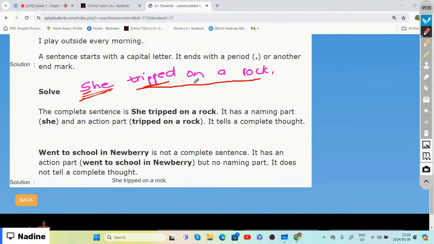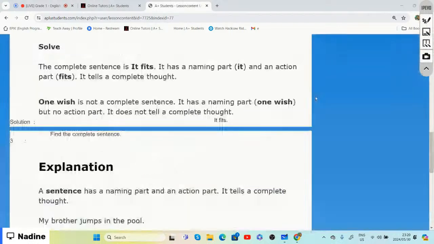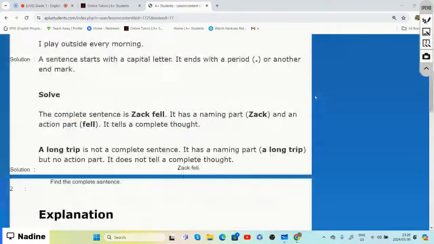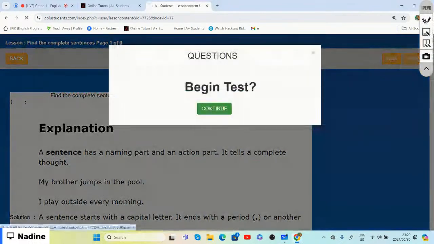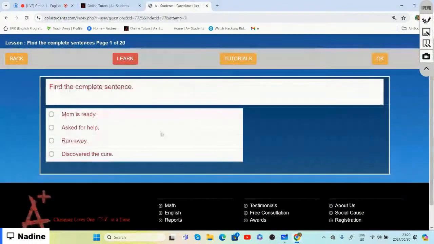All right, so now we're going to do our test where we are going to find the complete sentences. We're going on to the test, and we're going to find the complete sentences among these four. So we're going to select the completed sentence.